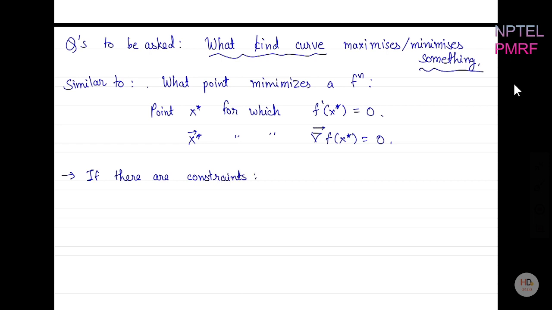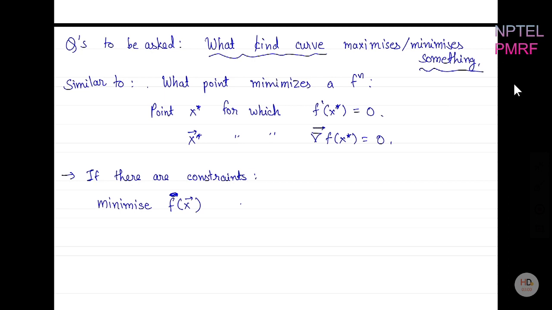the problem statement is to minimize f of vector x, and this f itself could be a vector function in general, but let's say it's just one scalar function.